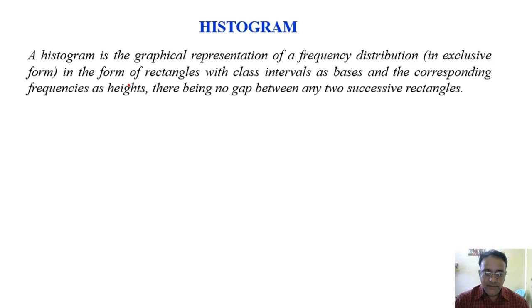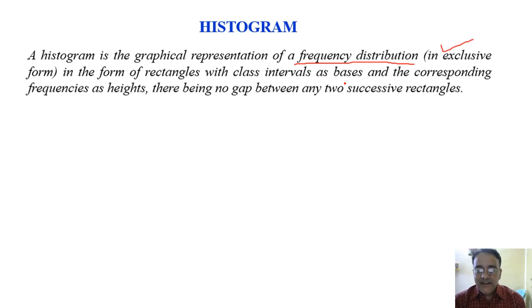So a histogram is a graphical representation of frequency distribution in exclusive form only, in the form of rectangles with class interval as the base. The class interval will be the base and its corresponding frequency will be the height.